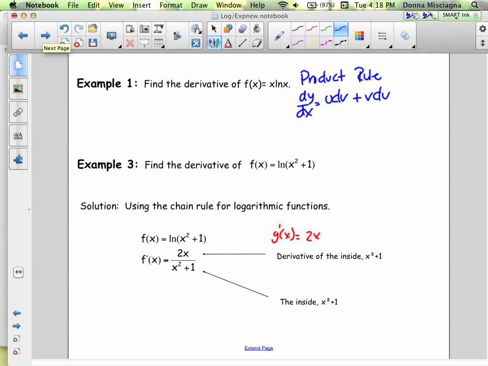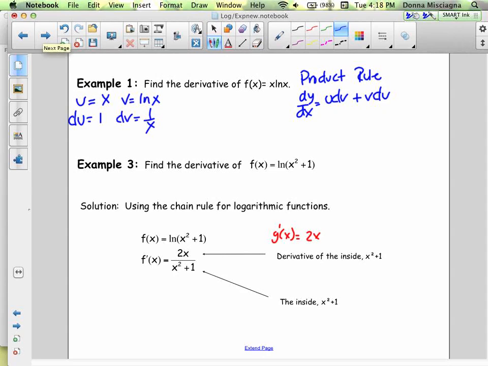Right? All right, so here our u is x and our v is ln x. The derivative of x is 1, so du is 1, and then dv is going to be 1 over x.